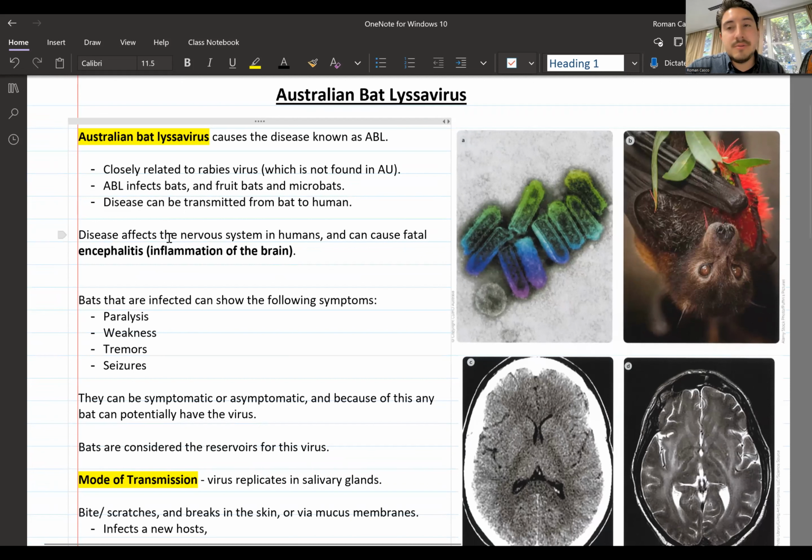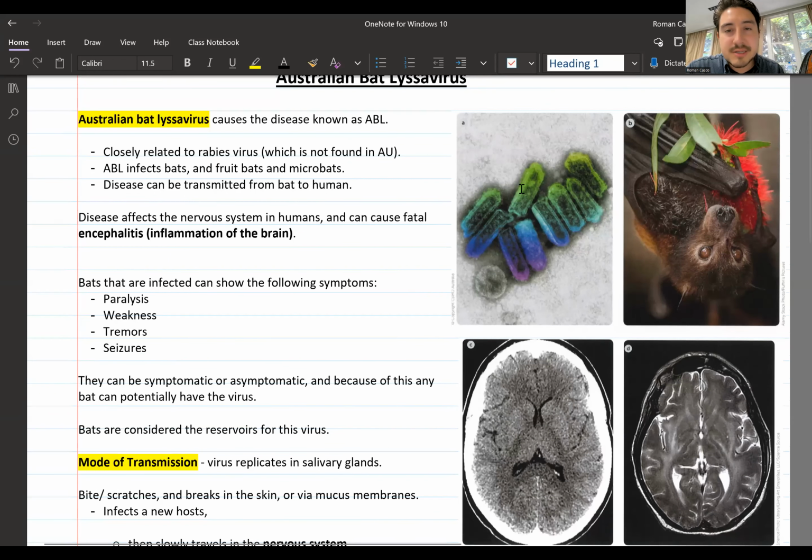ABL infects different types of bat species: fruit bats, microbats, and bats that feed on the blood of animals. This disease can be transmitted from bat to human. This is an example of a lyssavirus.